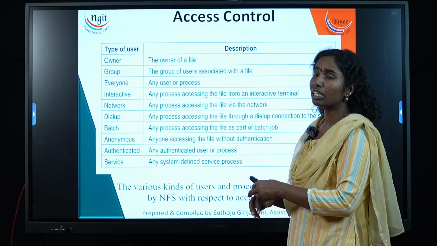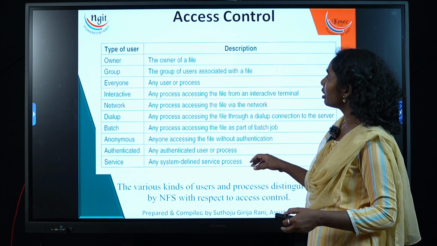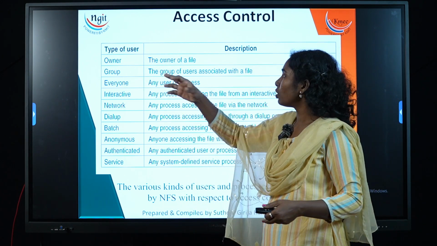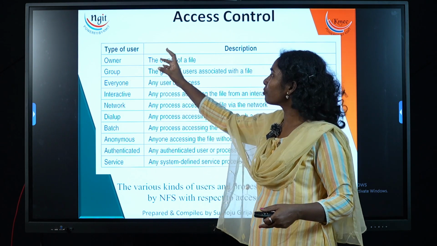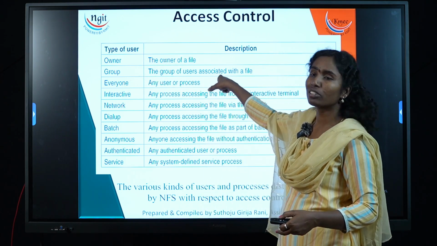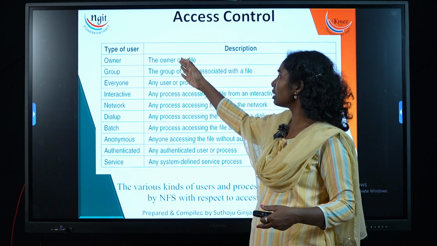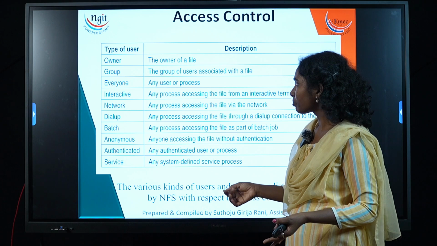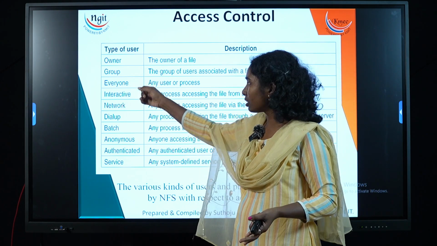Whatever access controls we can have here are, for a file: owner, who created that particular file; group, the users who are associated with it. All these are basic file system attributes. Everyone can access the file.